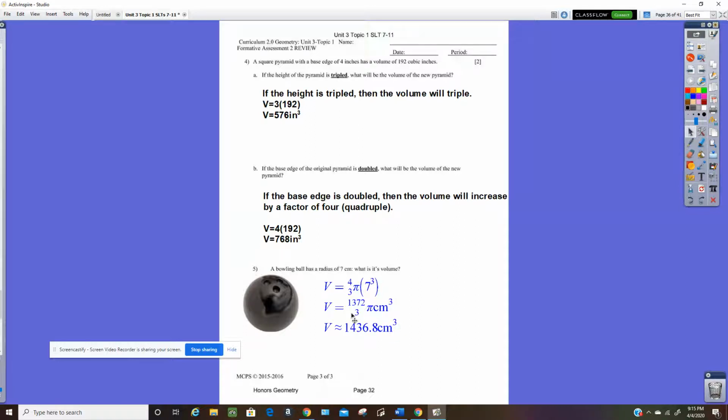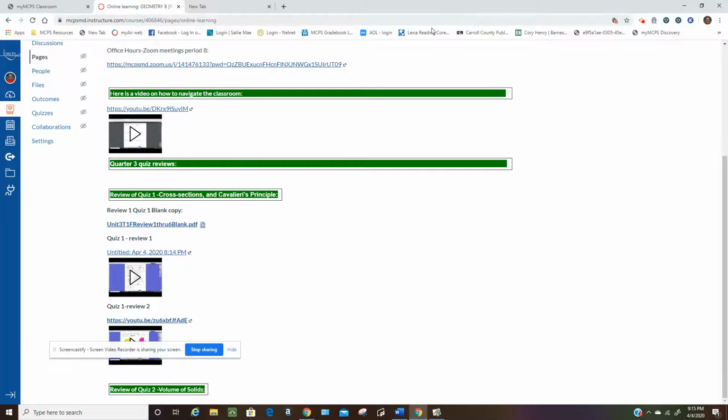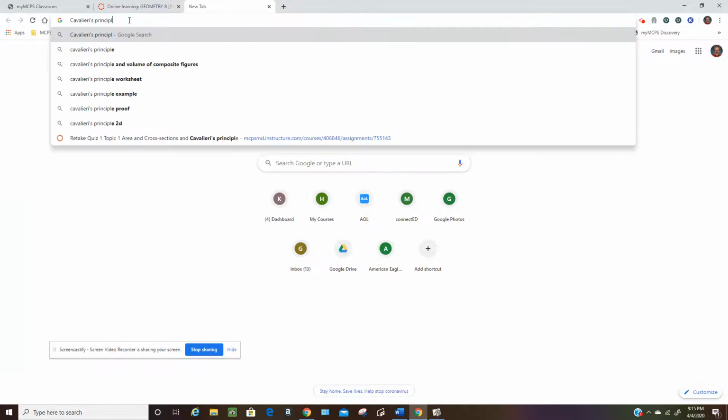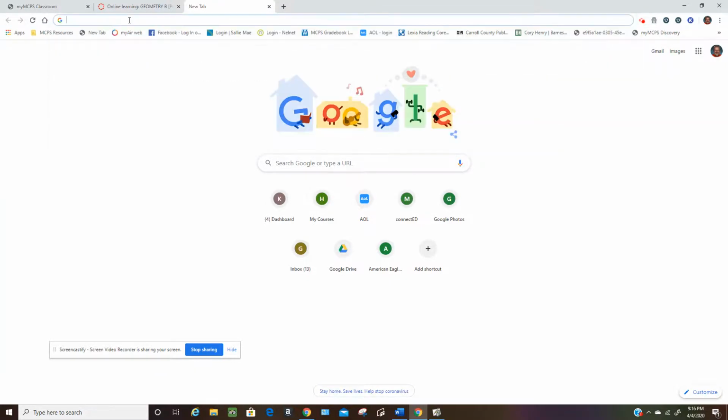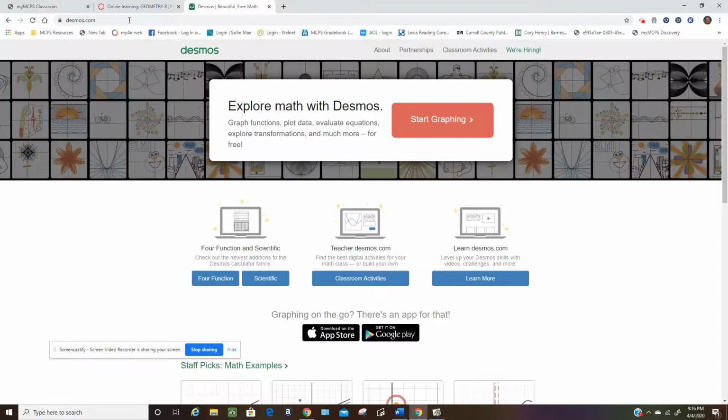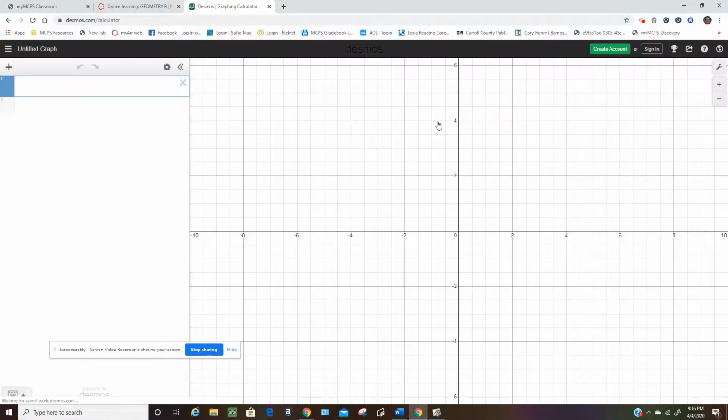So just to illustrate that on the Desmos calculator, because you can use the Desmos calculator at home. So if I go here and type in Desmos, and then desmos.com comes up. And if you see this tab right here, just go to start graphing.